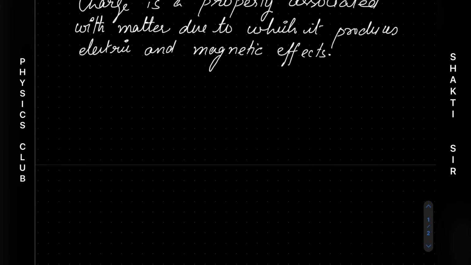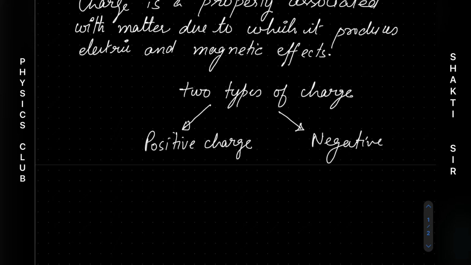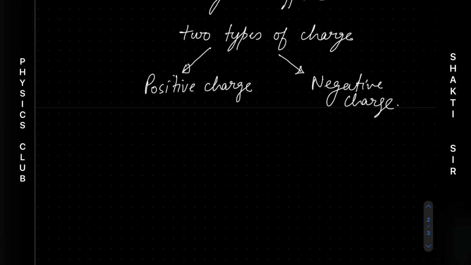So there are two types of charges. The first one we can say the positive charges and the other one is negative charge. It doesn't mean that the positive charge has some higher value as compared to the negative charge as according to the number line, but it's just a way to separate the two types of charges.